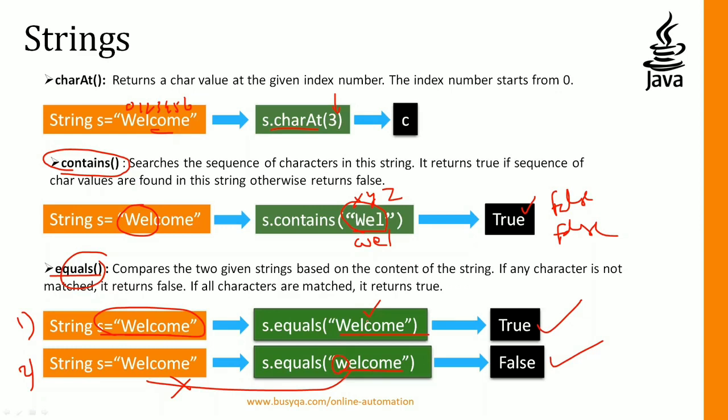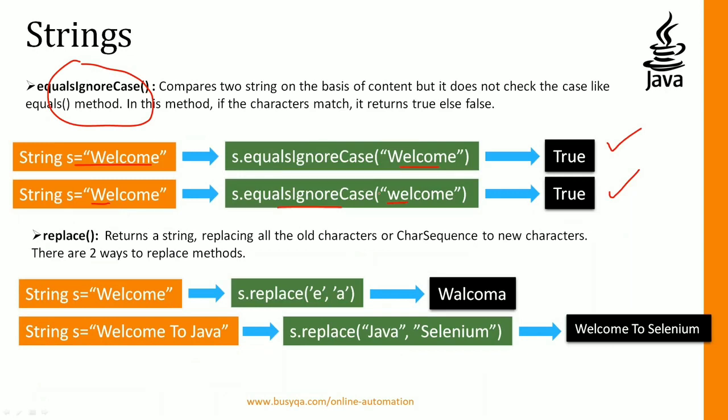So what is the difference between equals and equalsIgnoreCase? The equals method considers case sensitivity, so we have to match strings exactly. But in the case of equalsIgnoreCase, even if you pass lowercase letters, it will just ignore the case sensitivity. That's the difference.